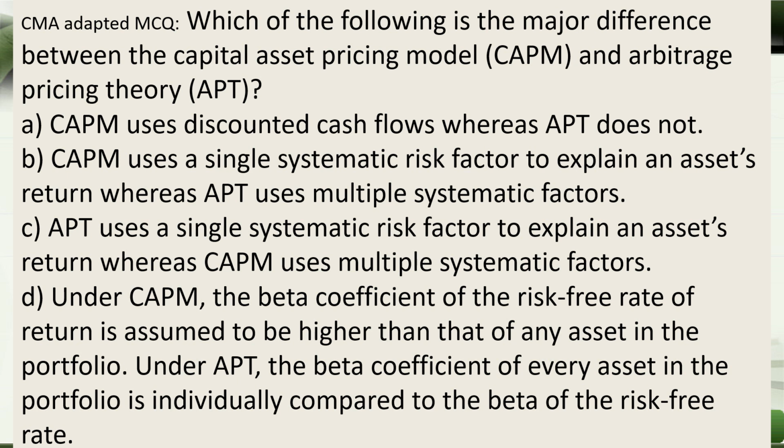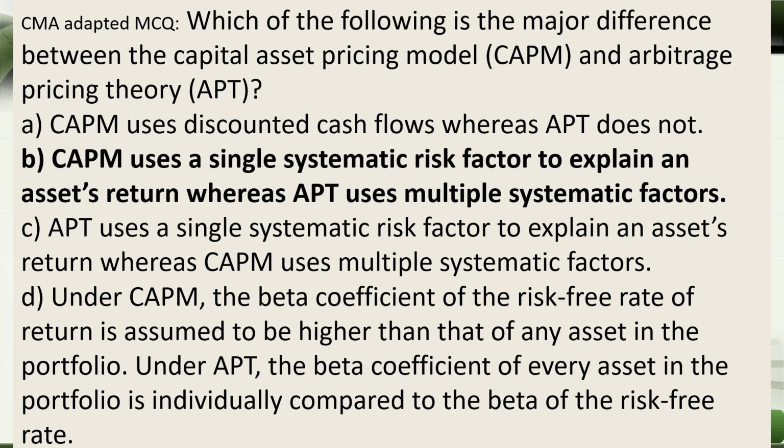APT uses a single systematic risk factor to explain an asset's return, whereas CAPM uses multiple systematic factors. Under CAPM, the beta coefficient of the risk-free rate of return is assumed to be higher than that of any asset in the portfolio. Under APT, the beta coefficient of every asset in the portfolio is individually compared to the beta of the risk-free rate.